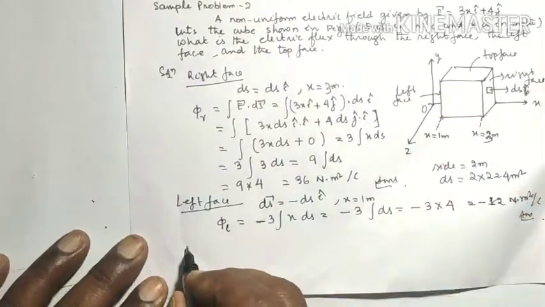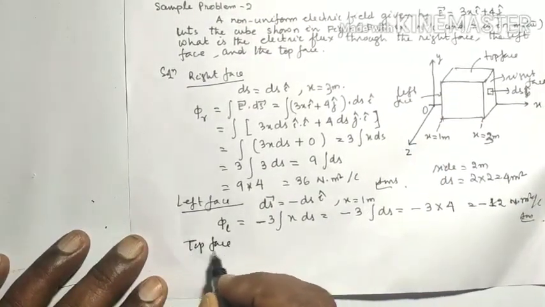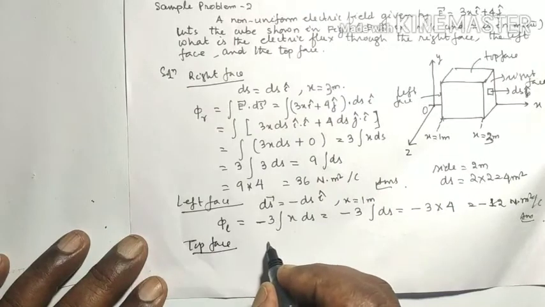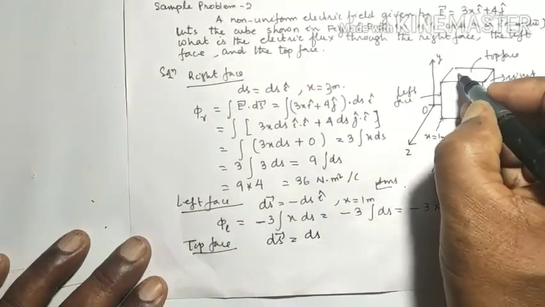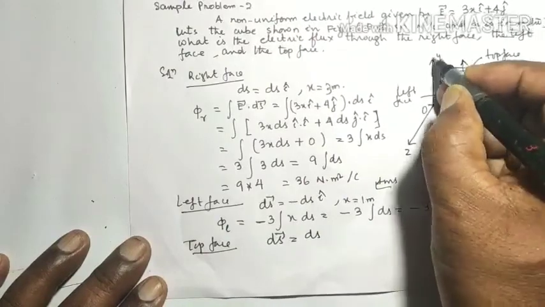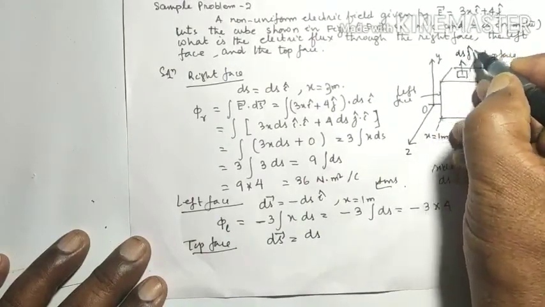On the top face, so here ds vector is ds into j cap, because this is y-axis.